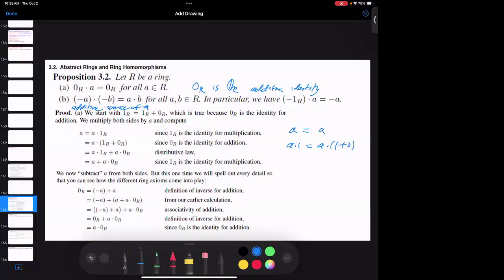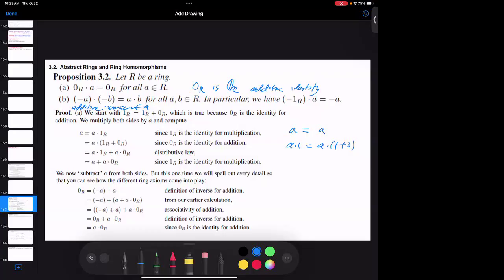You would love to say it this way. Well, clearly, then A times 0 is just going to be 0. But that's what we're trying to prove. But we have A on both sides, so let's add the additive inverse of A to both sides. So negative A plus A is just 0. But we just showed A is A plus A times 0.